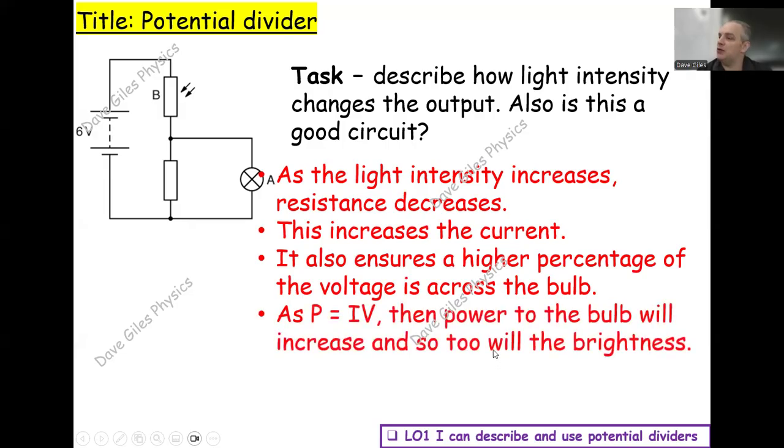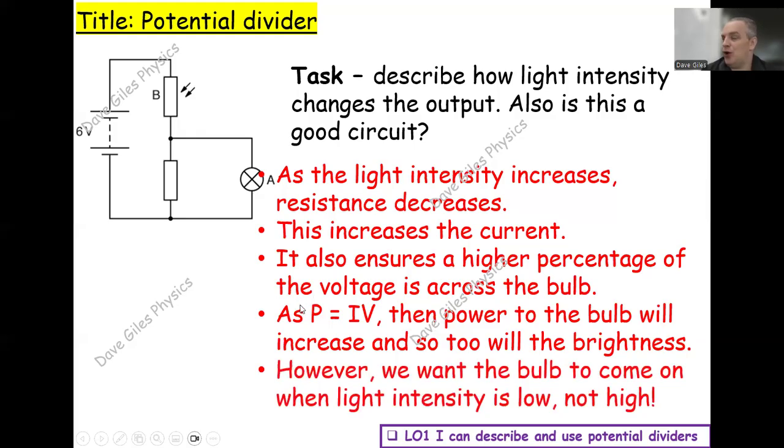As P is IV, the power to the bulb will increase, and so too will the brightness, which at first glance you might think is good. However, when is it happening? It's happening when light intensity is high. So this bulb is switching on when it's bright, which is the opposite of what we want.